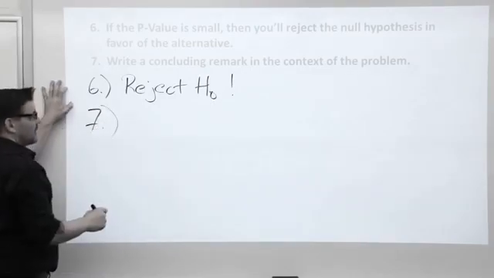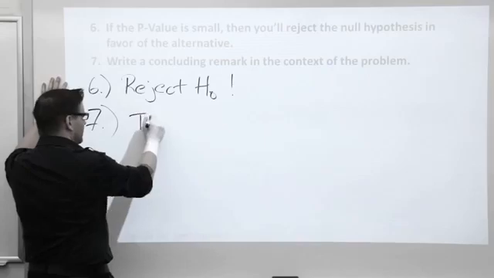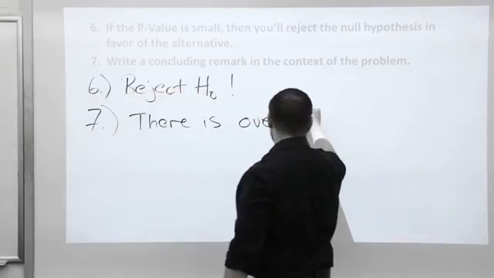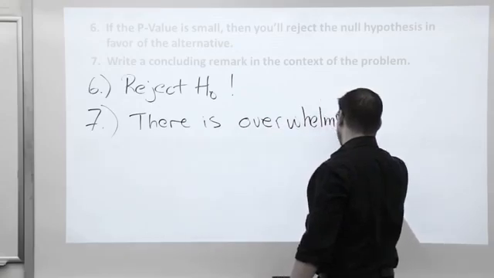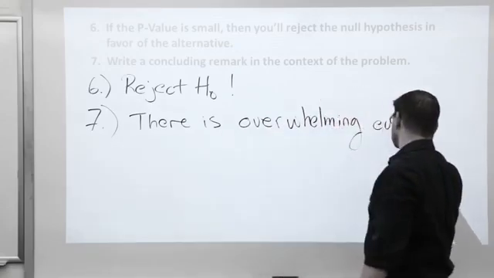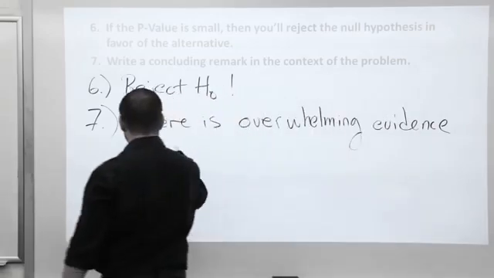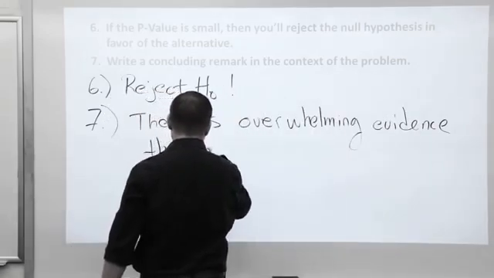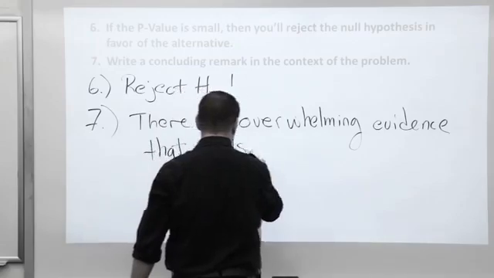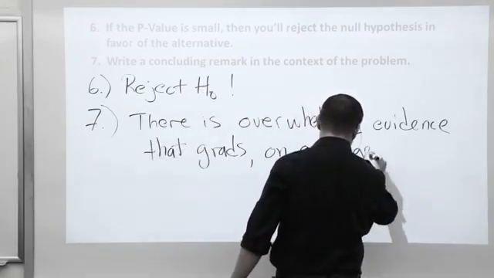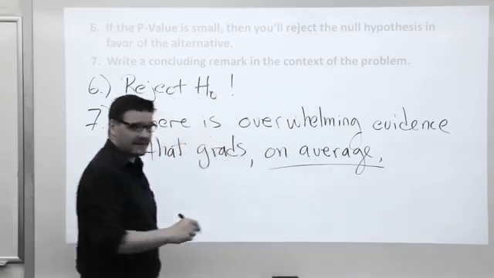Write a concluding remark in the context of the problem. There is, oh, I'll even say overwhelming, there's overwhelming evidence that grads, on average, it's got to be in there, on average.